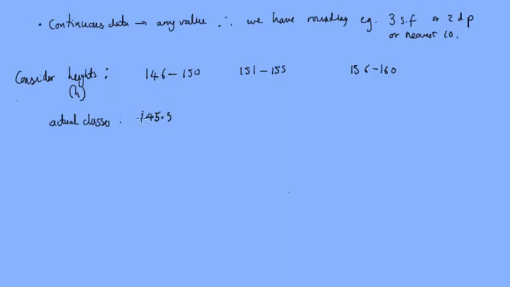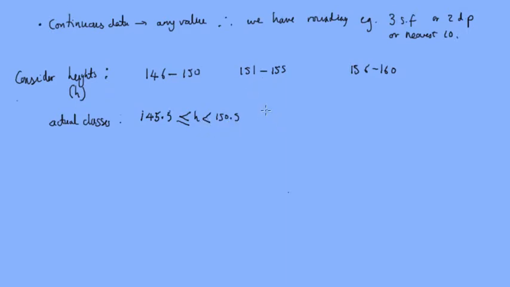So we could have somebody of this height in their data. So H here could be 145.5 less than or equal to the height, or H less than 150.5.